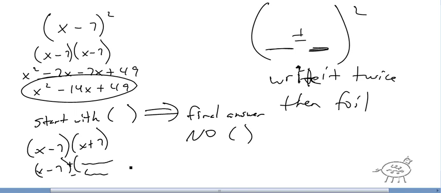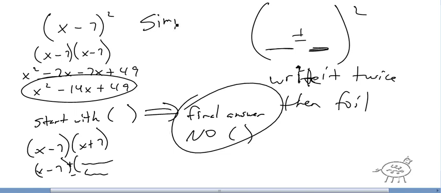You're always starting with parentheses, and your final answer is no parentheses. The key word here, guys, is that everything is going to say simplify. We're going to do something in the next lesson called factoring, but it's all going to say simplify, and simplify means no parentheses. That's really important.